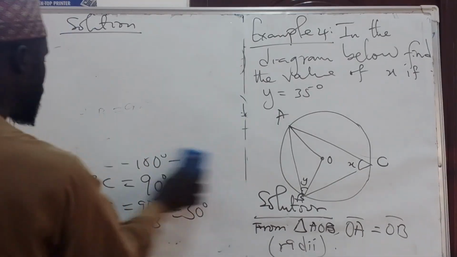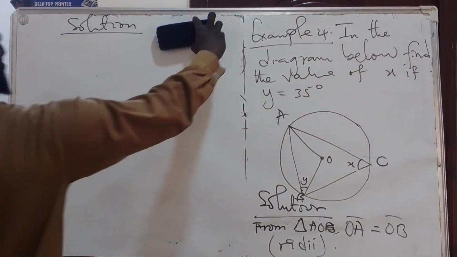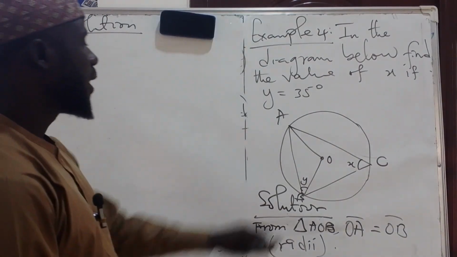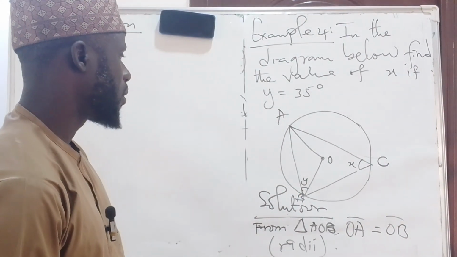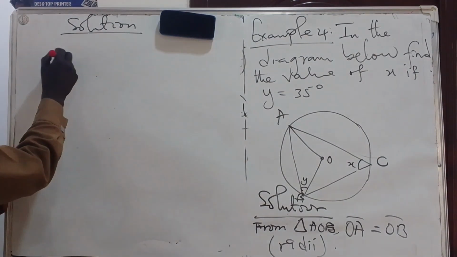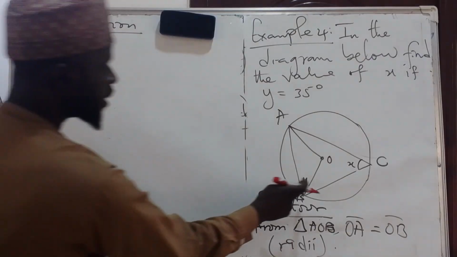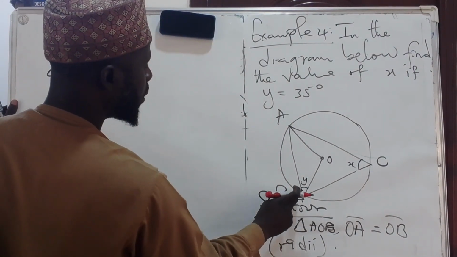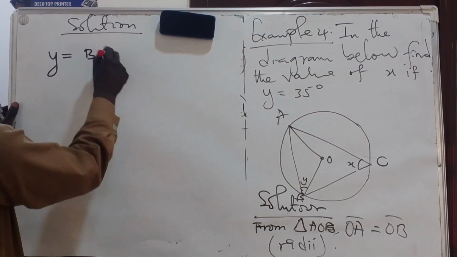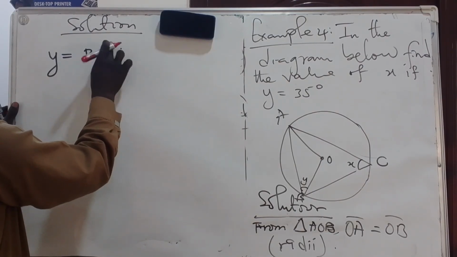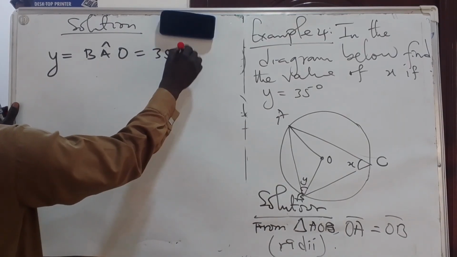Since that is a radius, that implies that this triangle AOB is an isosceles triangle. Therefore, angle y is equal to angle BAO, and that is also 35 degrees because y is 35 degrees.